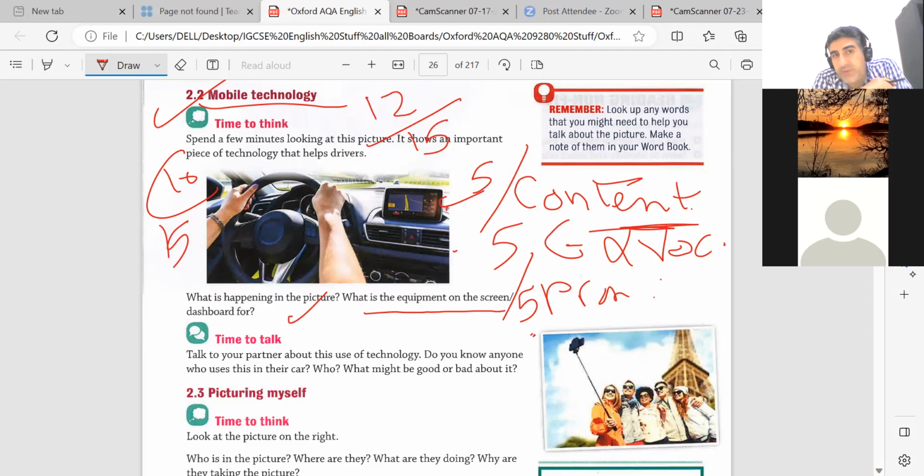You should add more details to your ideas. How to do this? You should read. The more you read, the more knowledgeable you will be. This is really important for you, Muhammad. So you need to focus on the content rubric and the grammar and vocabulary rubric. For Khalid, thank you, Khalid.